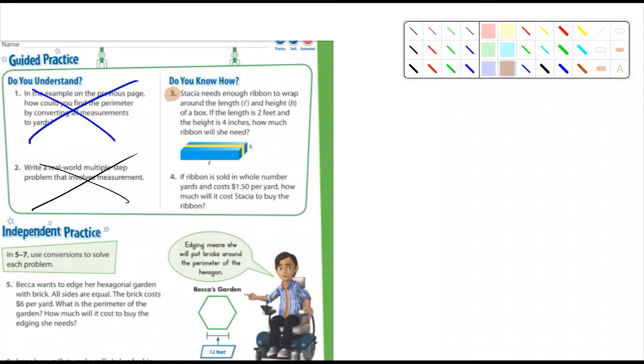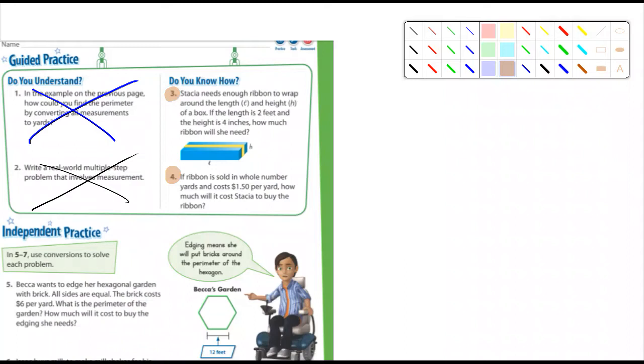If ribbon is sold in a whole number of yards and it costs $1.50 per yard, how much will it cost Stacia to buy the ribbon? So let me ask you a question here.